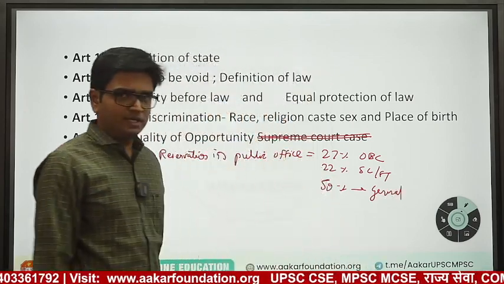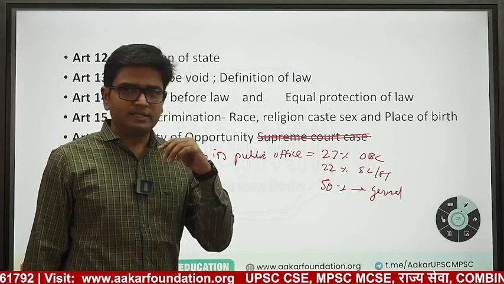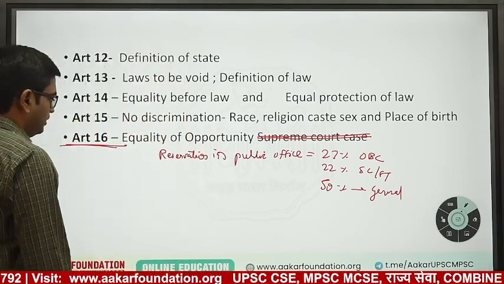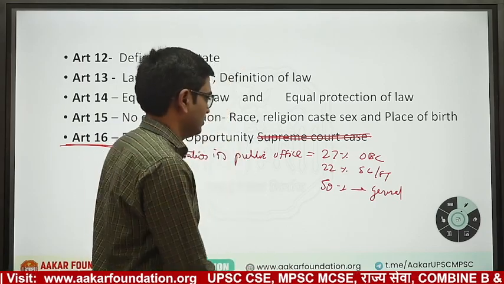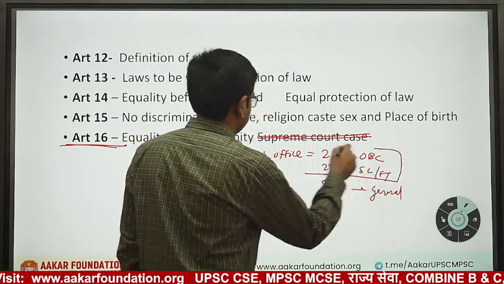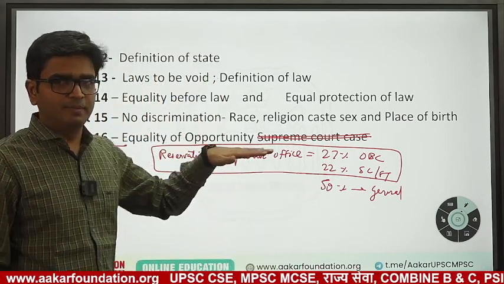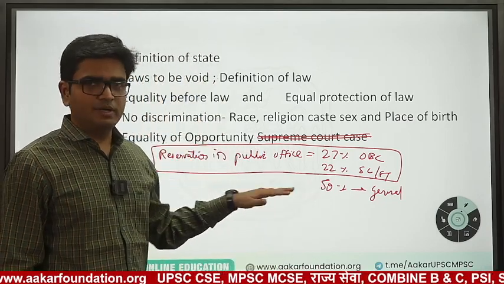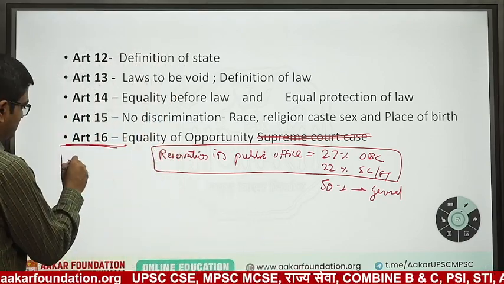This is the scheme of things now. Now against this, there are a few states which have crossed this limit. What we can interpret from this is that there should be a 50% limit in the reservation. Then a case came known as the Indira Sawhney case.